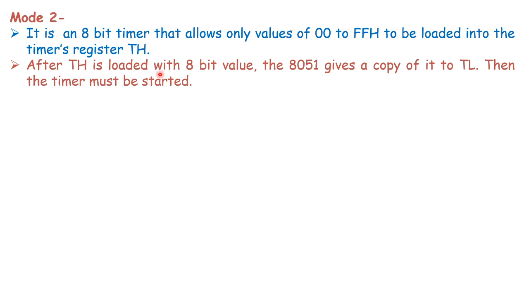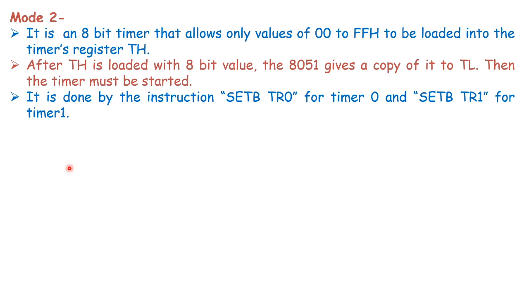After TH is loaded with an 8-bit value, the 8051 makes a copy of it to TL when the timer must be started. It is done by the instruction SETB TR0. So TR0 means start timer 0, and SETB TR1 for timer 1.